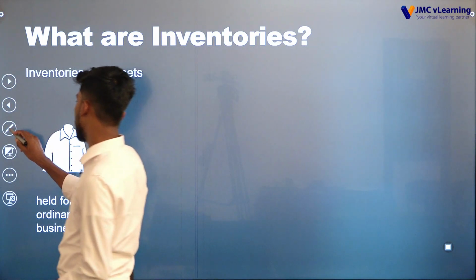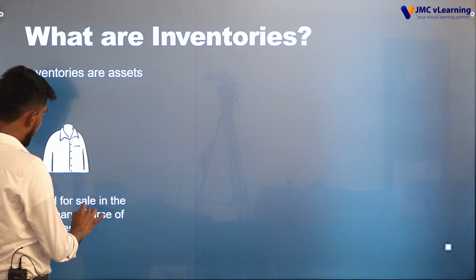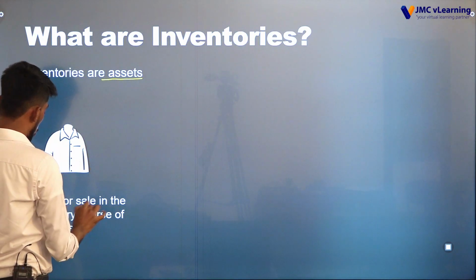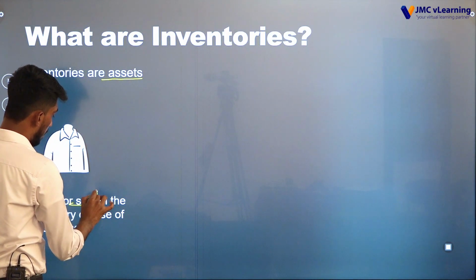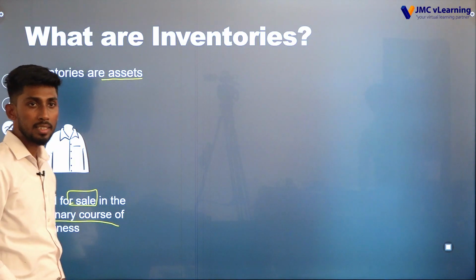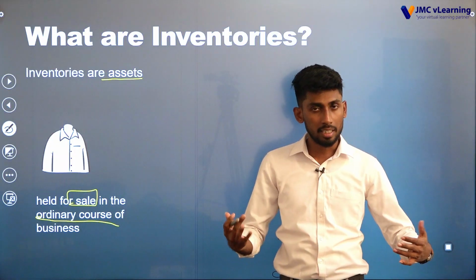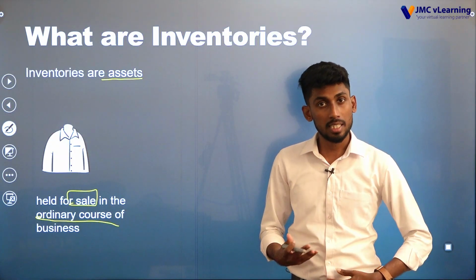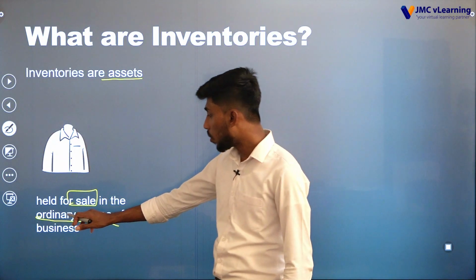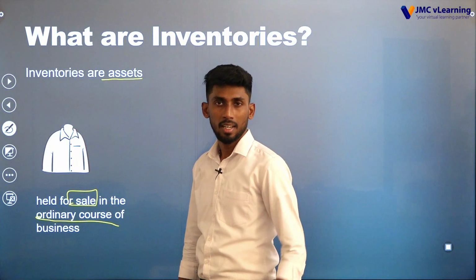We are keeping an asset for the purpose of selling it in the ordinary course of business. That means in the organization's main business activity, that organization should sell this asset.